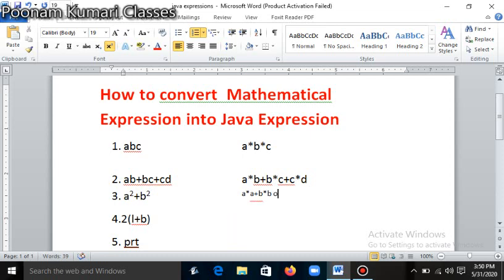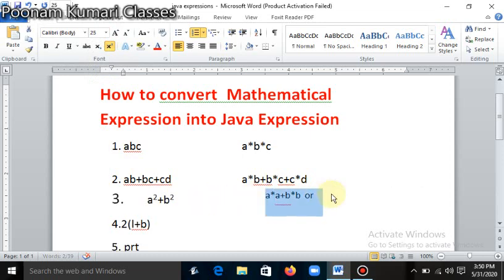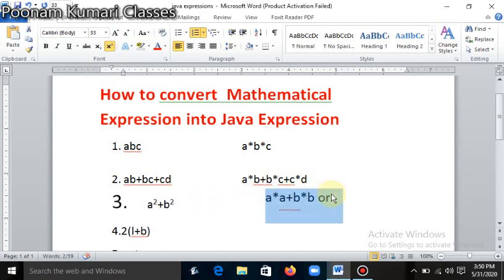Or you can solve it this way also. We can use math.pow. This is a mathematical function.